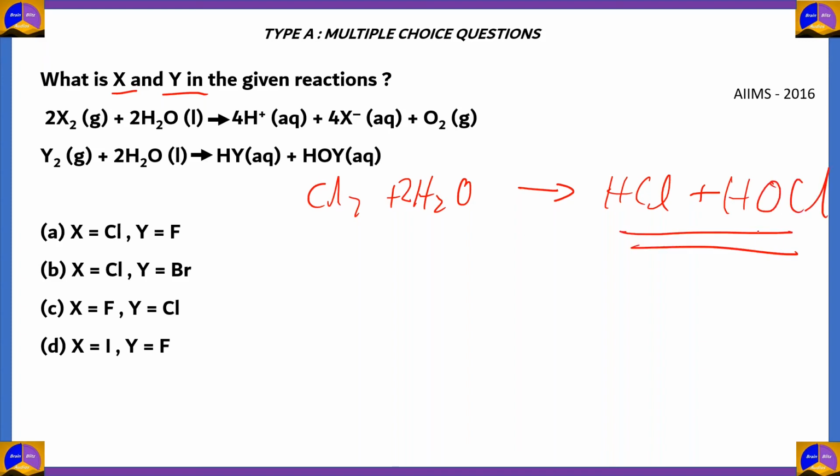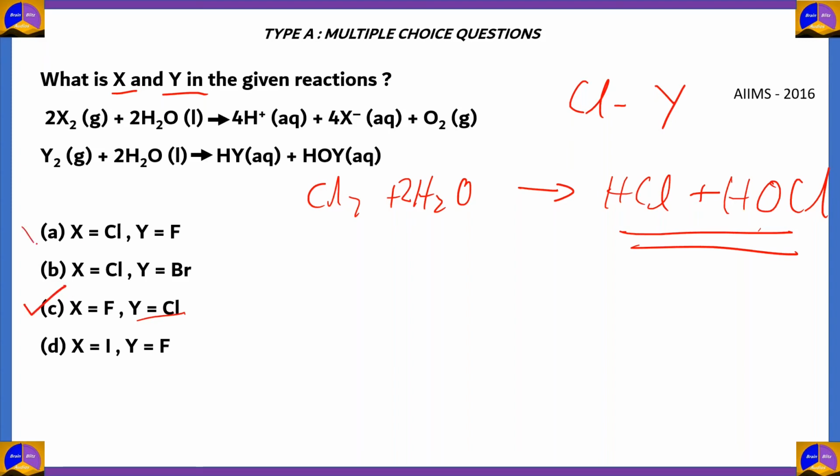So therefore, chlorine is Y. And over here, the only option with Y as chlorine is option C. So it becomes the right option.